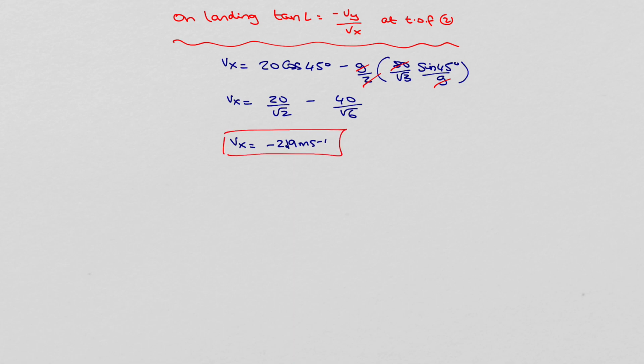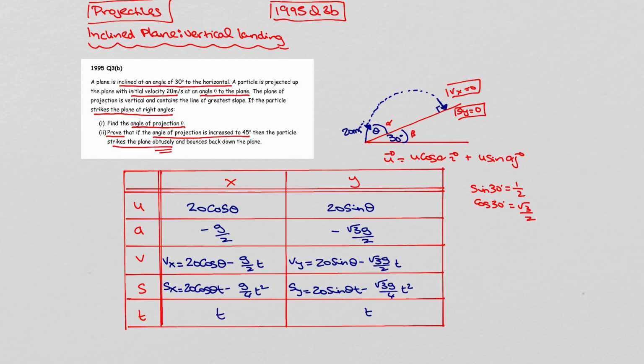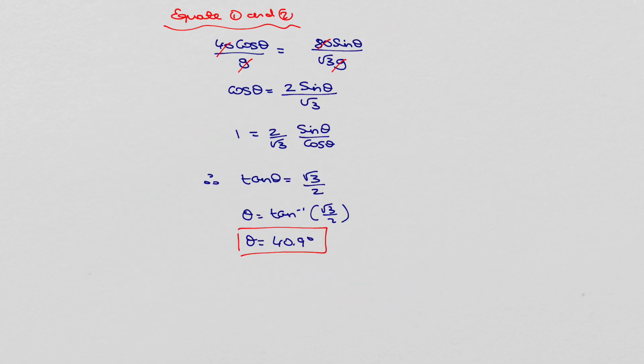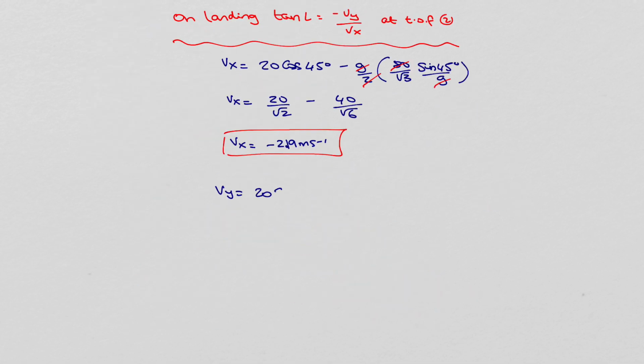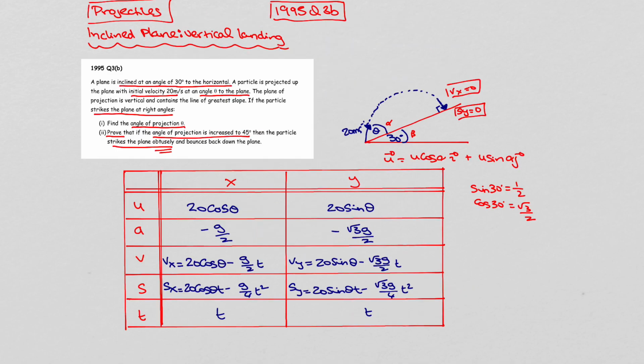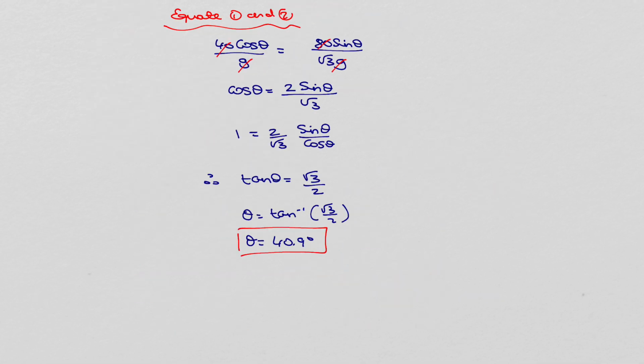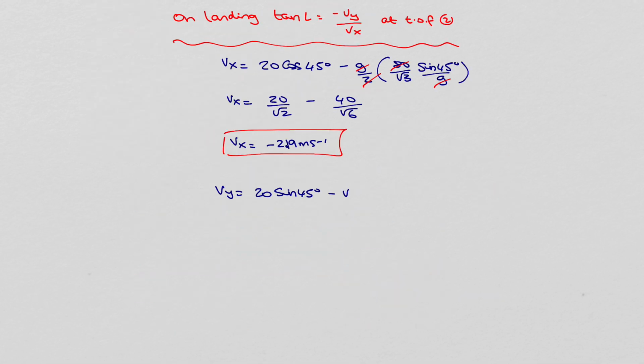Then if I look at Vy, Vy is 20 sine theta, so that's going to be 20 sine 45 minus root 3 over 2 g t, where our time of flight again is 80 sine 45 over root 3g, and sine 45 we said was 1 over root 2, so that's 80 over root 6 g.